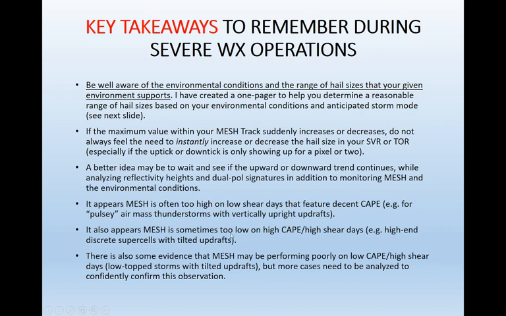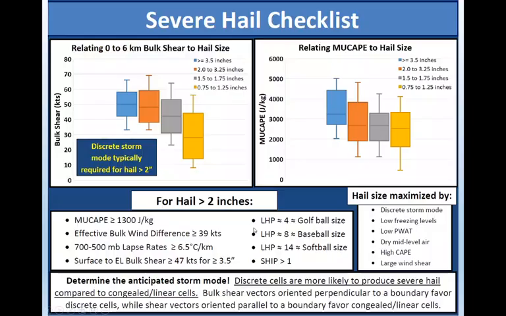That's when mesh oftentimes was reading too low. And also, there's some evidence from some of my cases that mesh may be performing poorly on low cape, high shear days. So low top storms, once again, with the tilted updrafts. But I would need to analyze more cases for me to confidently confirm that.